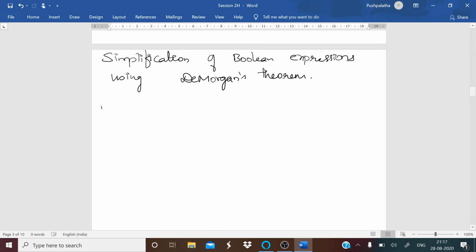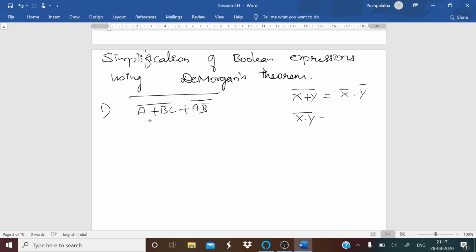The first sum: a plus bc plus ab, where a plus bc has a bar, b has a bar, ab has a bar, and the whole term. Now we know the rule: x plus y the whole bar is the same as x bar into y bar, and x into y the whole bar is the same as x bar plus y bar. This is your De Morgan's theorem. We are going to use this concept here.